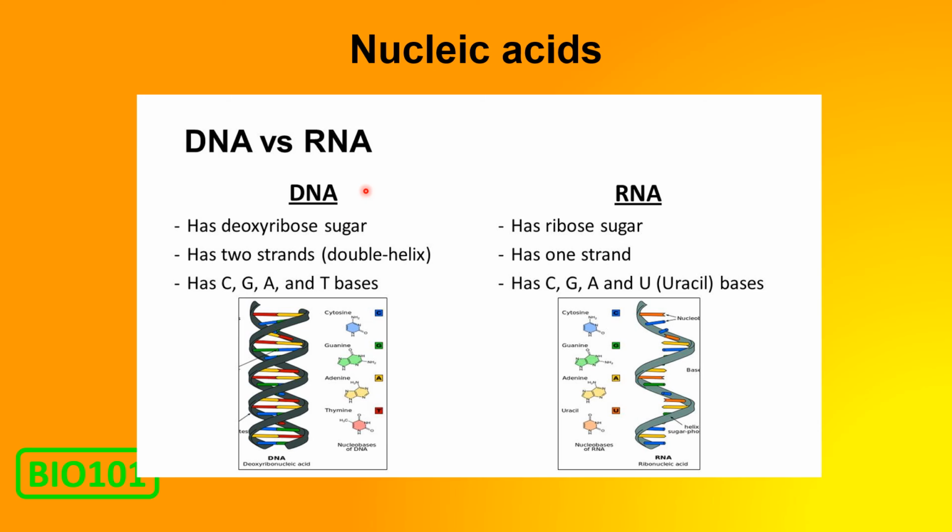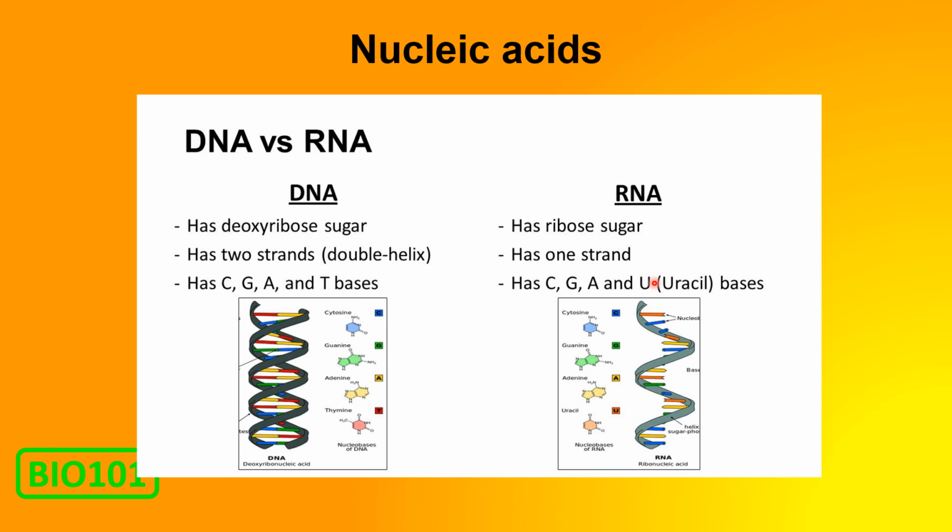We would say lowercase s, uppercase DNA, if we're talking about single-stranded DNA. RNA contains ribose sugar as part of its backbone. It consists of a single strand, and it has the bases cytosine, guanine, adenine, and uracil, capital U. In RNA, we replace the thymine in DNA with uracil.